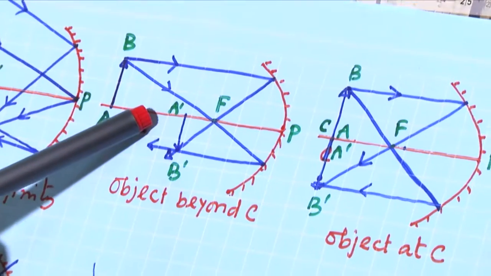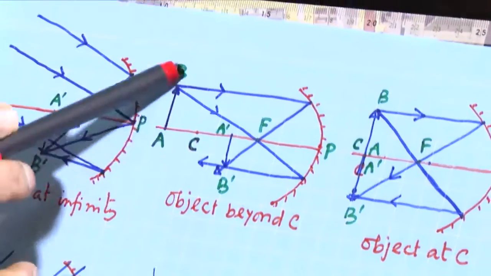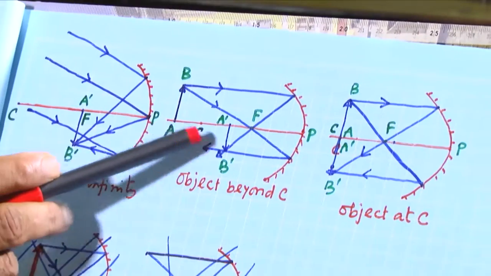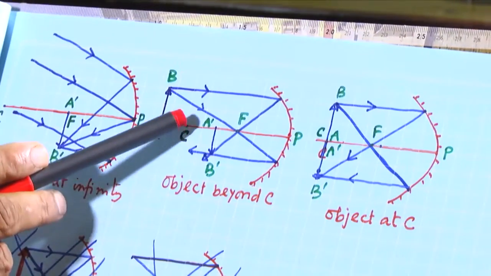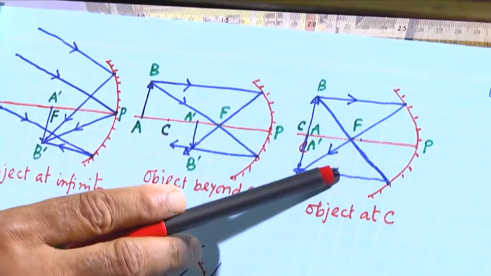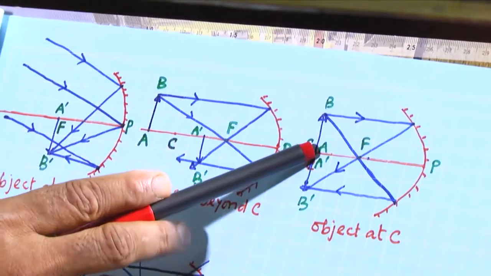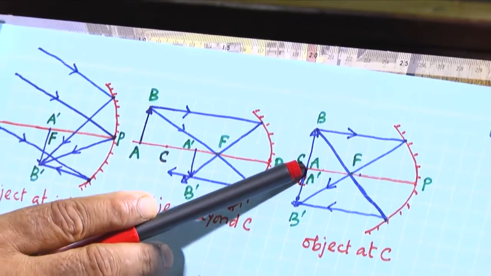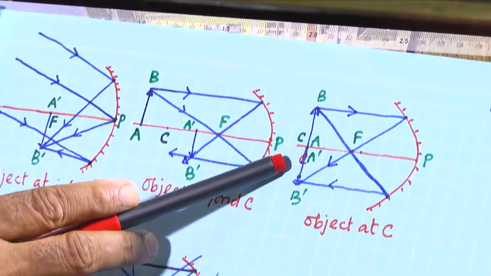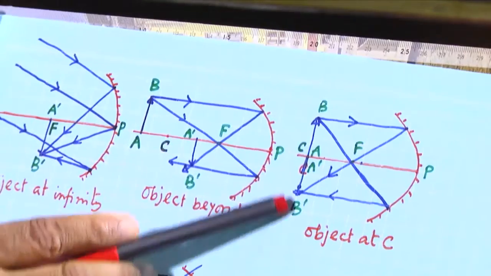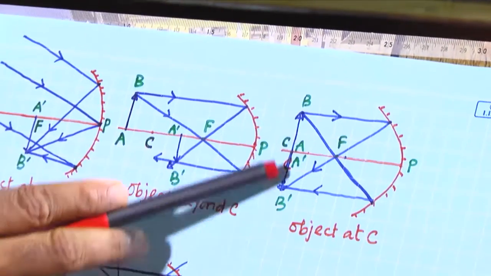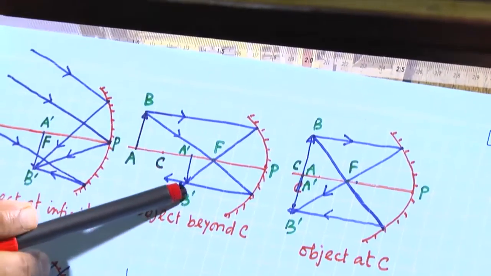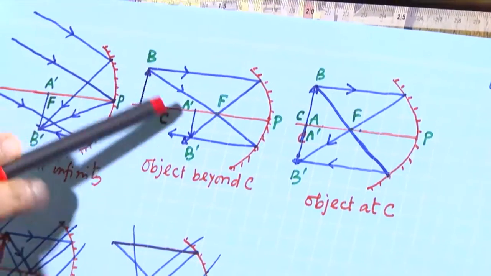So, this is C, the center of curvature. If the object is beyond C, we will get the image between C and F. Now, if the object is at the center of curvature C, then you will get the image at the same point, at C. This is the inverted one, this is the real one.